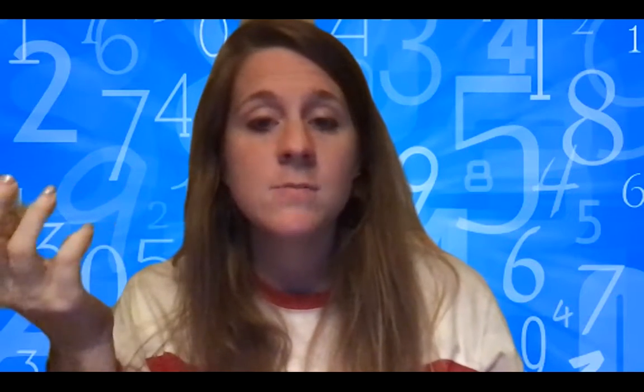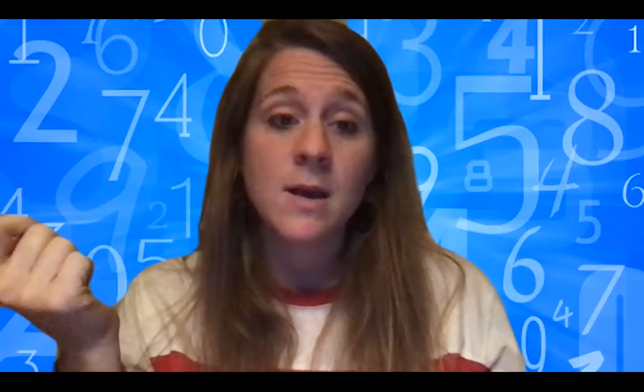Now you might think, well, why would I ever count like this? Well, if you think in terms of money, you would sometimes count like this. You might count by ones if you have pennies, by tens if you have dimes, and by hundreds if you have dollar bills.